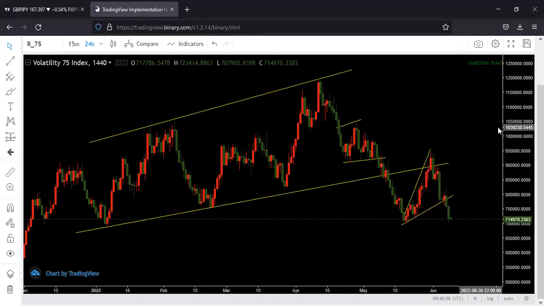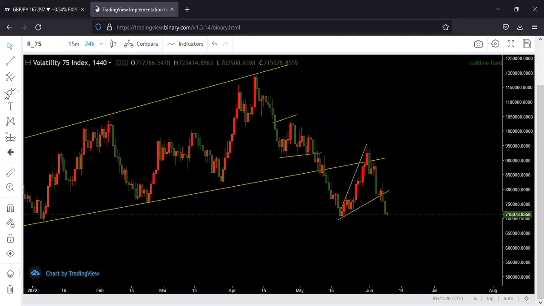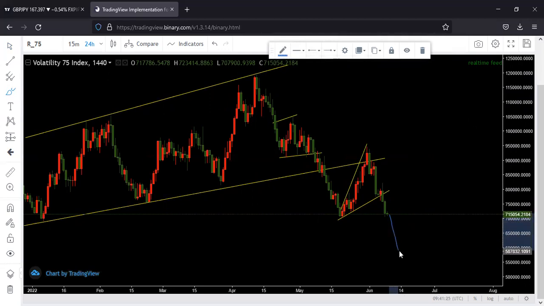As you can see here guys, still we are on the daily time frame or 24 hours time frame. So you see, now what are we expecting here guys? We are expecting this price whether to go down or to go upside. So this is possible guys, this is possible, you see, and this is probable.